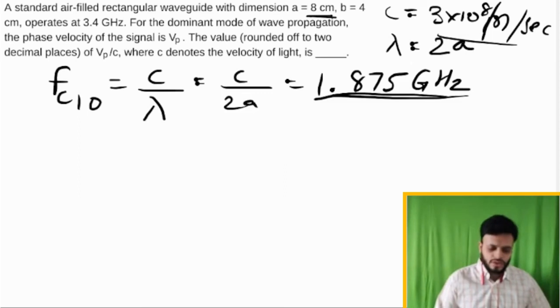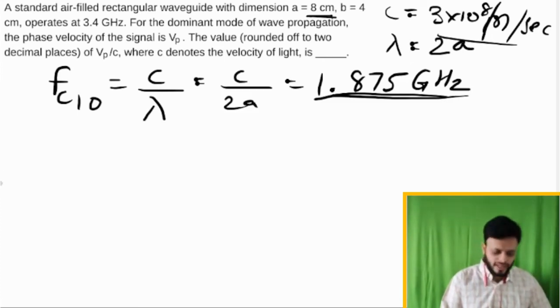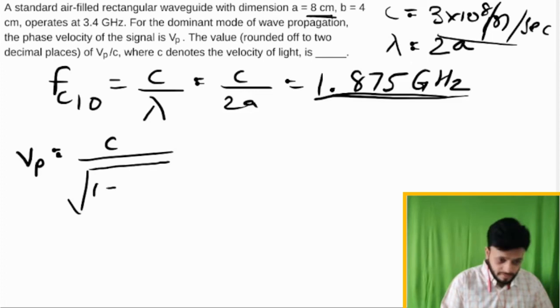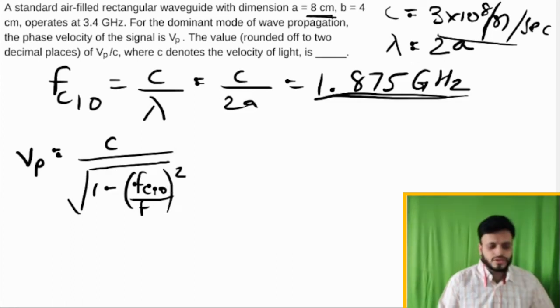It will come. So now we have the cutoff frequency, but we are not here to find the cutoff frequency. We just need to find our phase velocity. The formula for phase velocity in TE10 mode is given as Vp is equal to c over the square root of 1 minus (fc10 over f) squared.